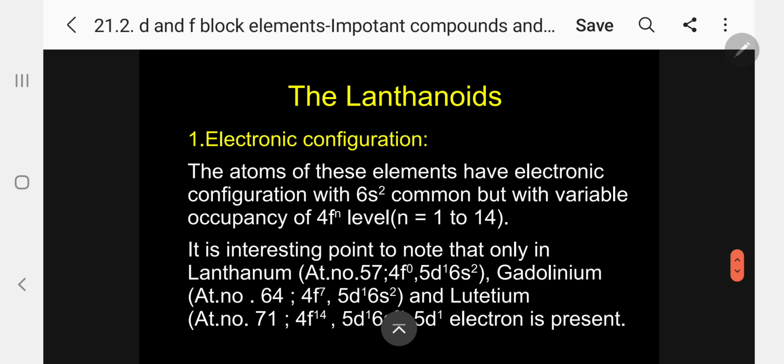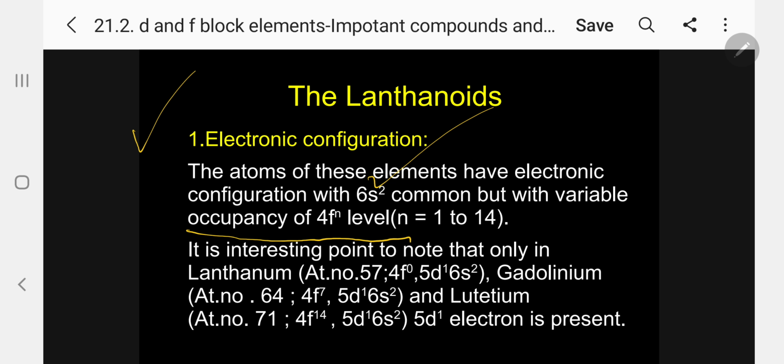Coming to the general characteristics of lanthanides, electronic configuration. The atoms of these elements have electronic configuration with 6s2 common, but with variable occupancy only in the f orbital, specifically 4f. Lanthanide 4f, actinide 5f.